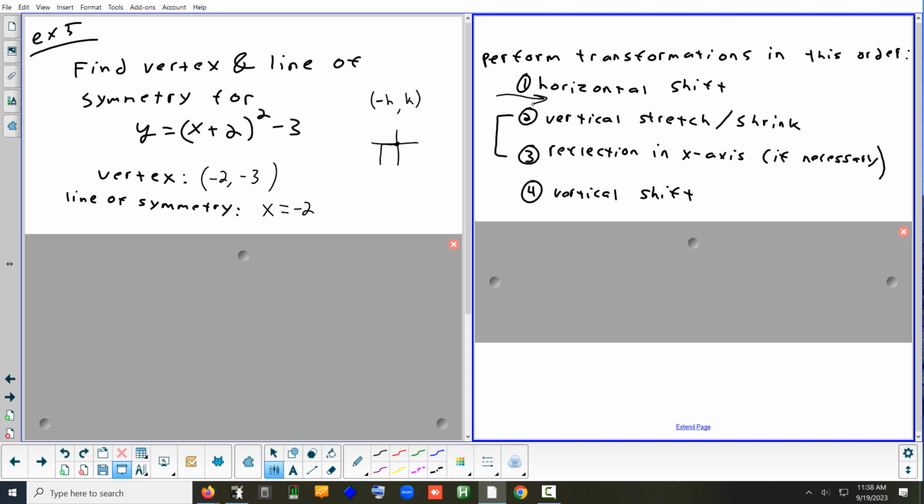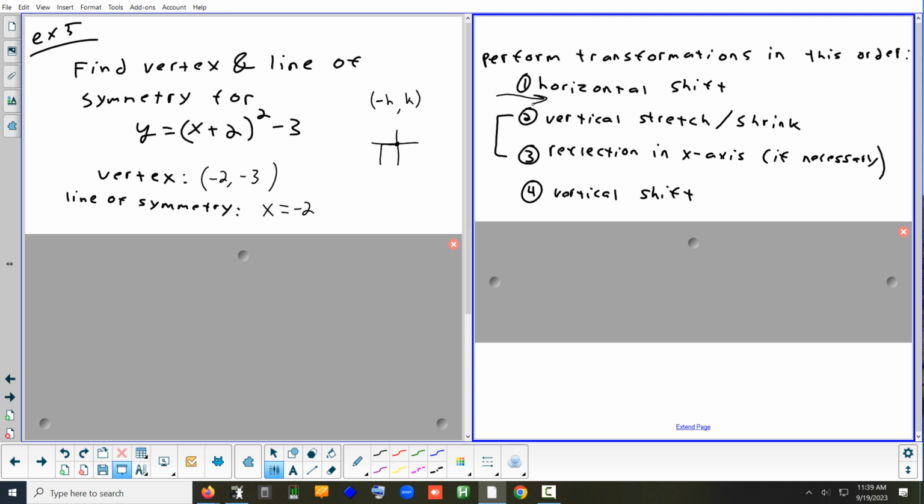So the first thing you do is your horizontal shift. The next thing we do is any vertical stretching or shrinking. Third thing we do is a reflection over the x-axis, and these are all if necessary, really. If the problem doesn't have it, you don't have to do it.